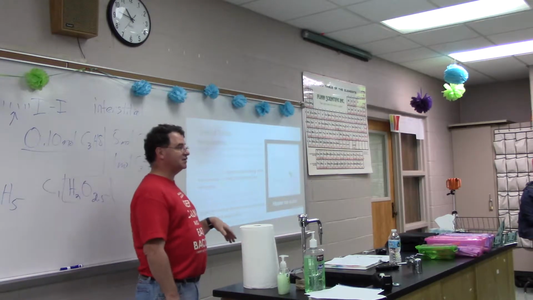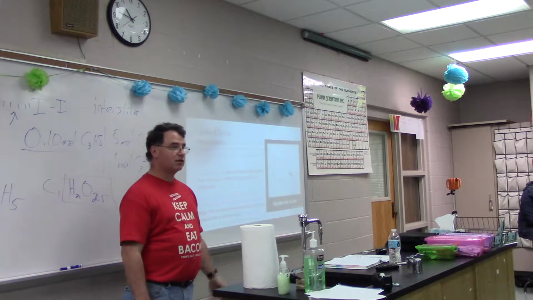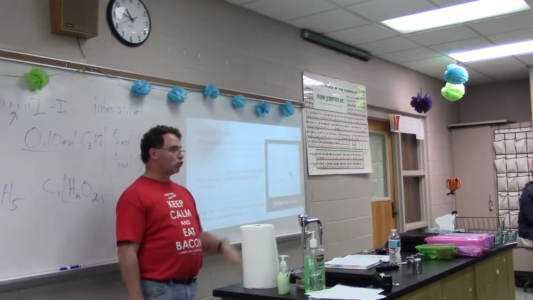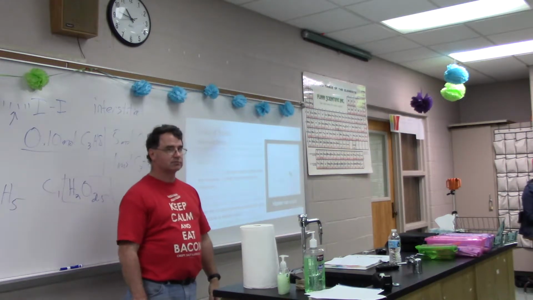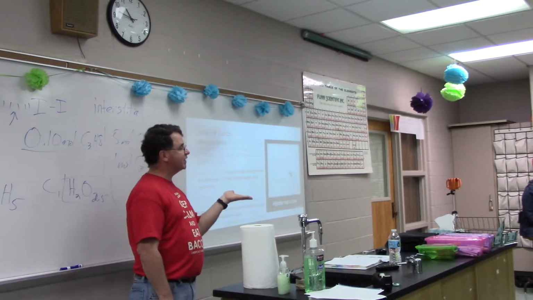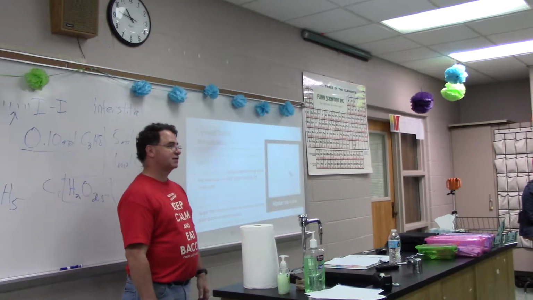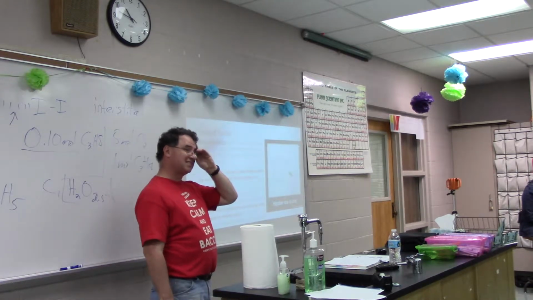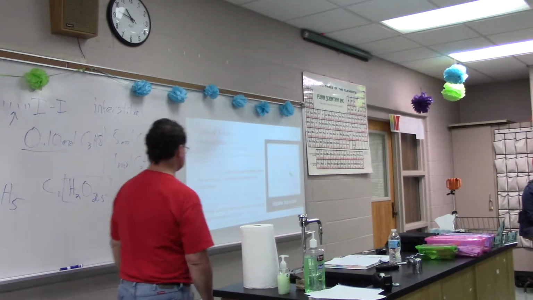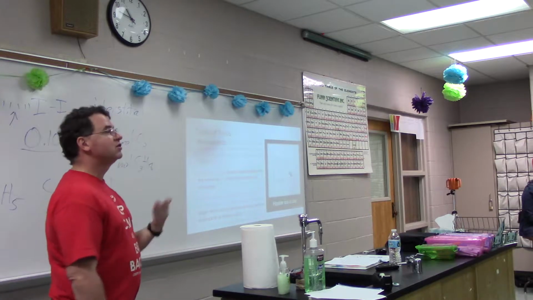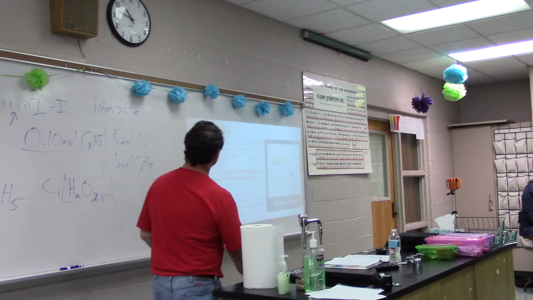Octane is C8H18. The bigger you are, the more intermolecular forces. Methane, only CH4, doesn't have very many intermolecular forces at all. So the more electrons you have, the more intermolecular forces.